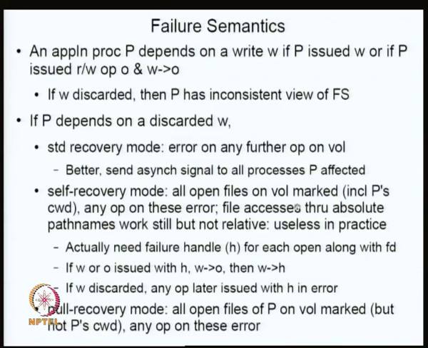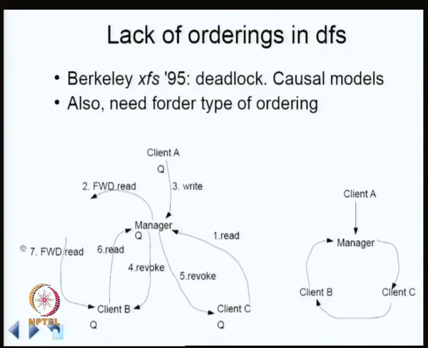Now if you mark that also as inaccessible, then you have no place to stand. That is causing a problem. That is why you need to make sure that P's current working directory is not marked. So there are some subtle differences between some of these modes, and if you really want to take care of application needs, there are a lot more things you have to do to handle the situation correctly.